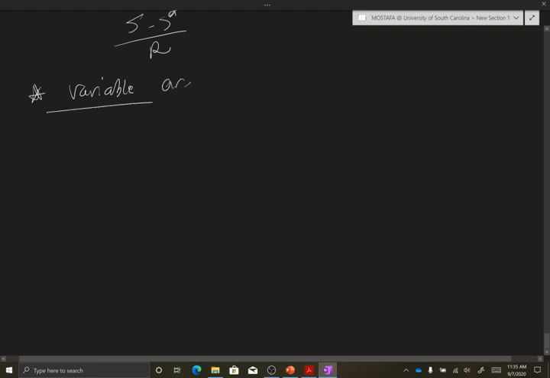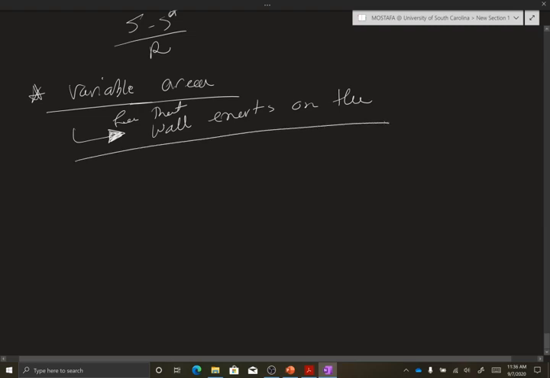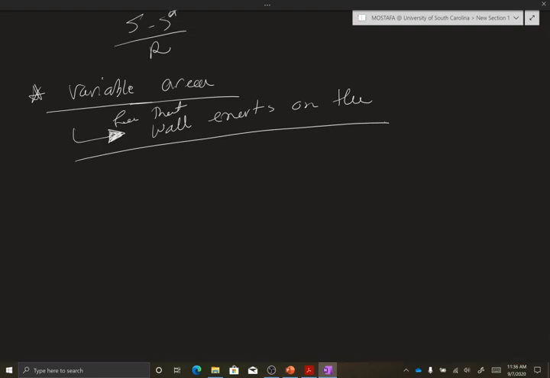For the variable area duct, adiabatic, no friction, I'm going to ask you to find the force that the wall exerts on the fluid. And if you recall, that is related to your impulse. Make sure to read the other examples.